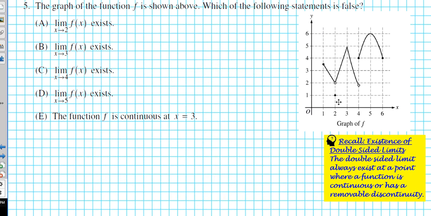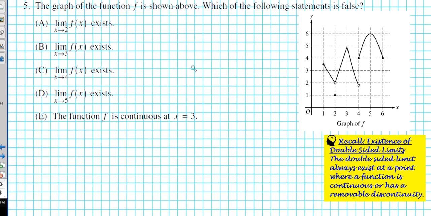So one thing you want to keep in mind is when the double-sided limit exists and when it does not exist. Given a graphical representation, as is the case with this problem, the double-sided limit always exists at a point where a function is continuous, or a point where a function has a removable discontinuity.